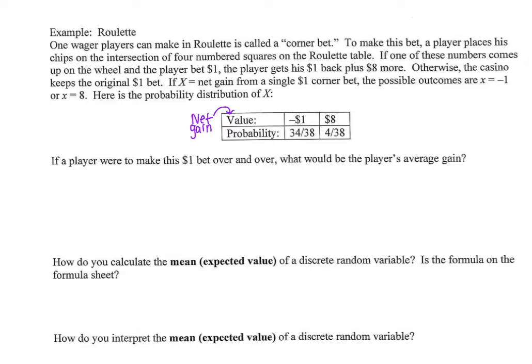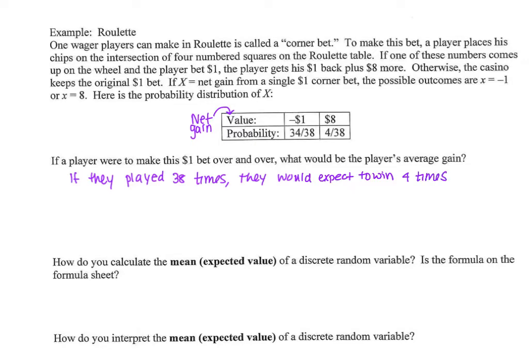If the player were to make this $1 bet over and over and over again, what would be the player's average gain? So let's say they played this game 38 times, because that'll be an easy fraction, right? If they played 38 times, they would expect to win 4 times.